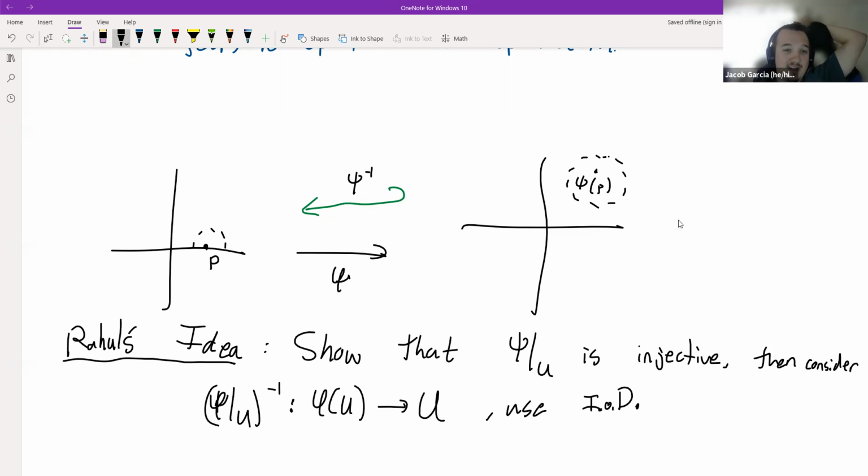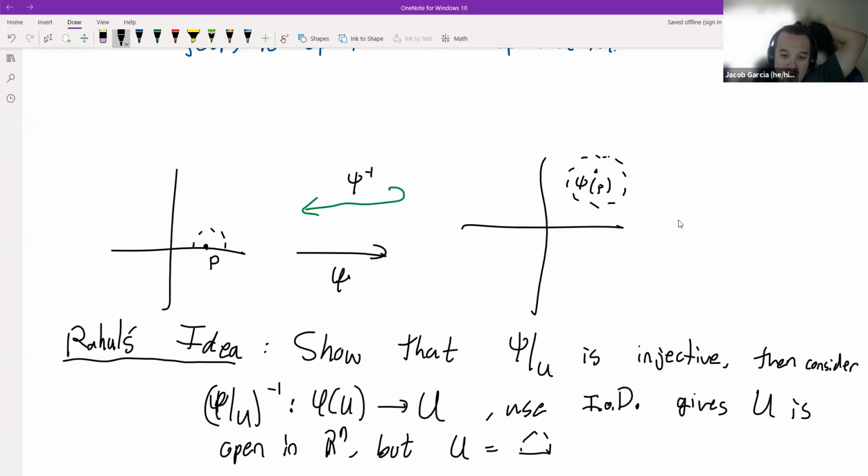Well, no, the invariance of domain gives that U is open in Rn, but U is a half open ball, right?